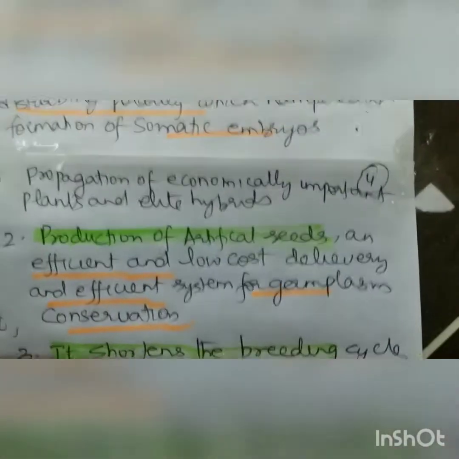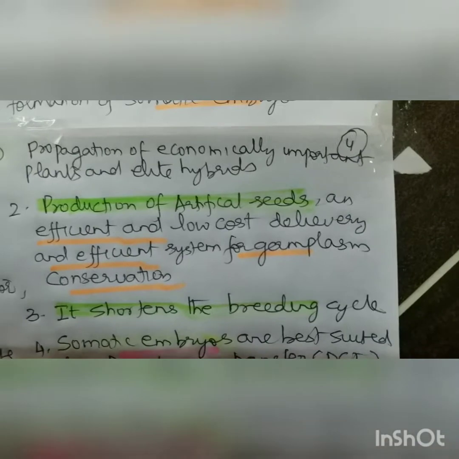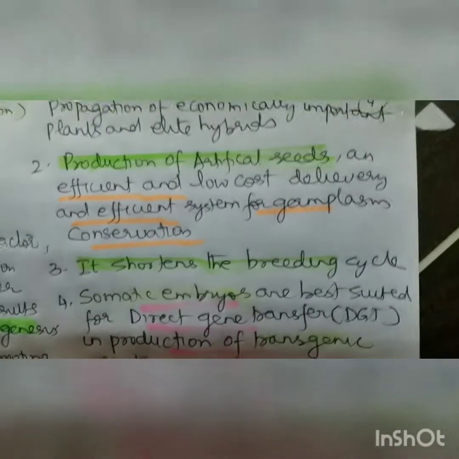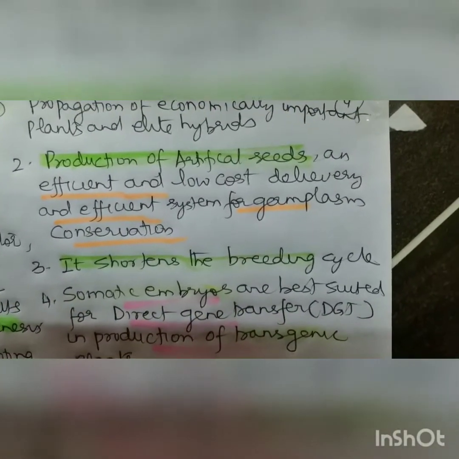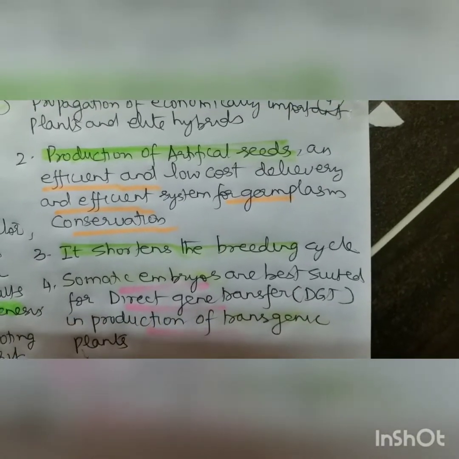So it is a very rapid multiplication of economically important plants, and the basic importance is that in nature there is a possibility of heterozygosity, because here we get pure line clones. Production of artificial seeds, and an efficient, low cost delivery and efficient system for germplasm conservation.